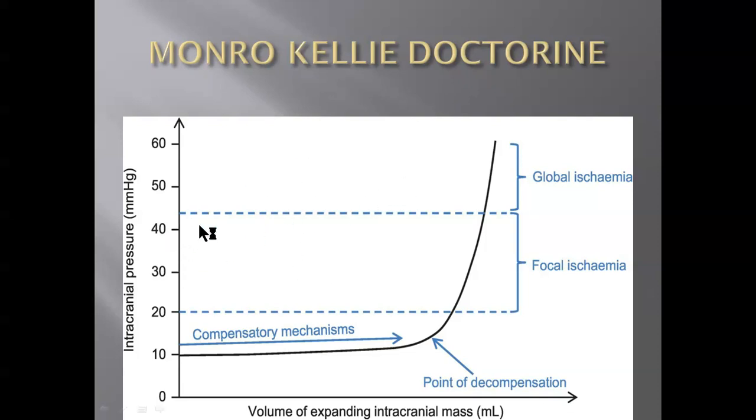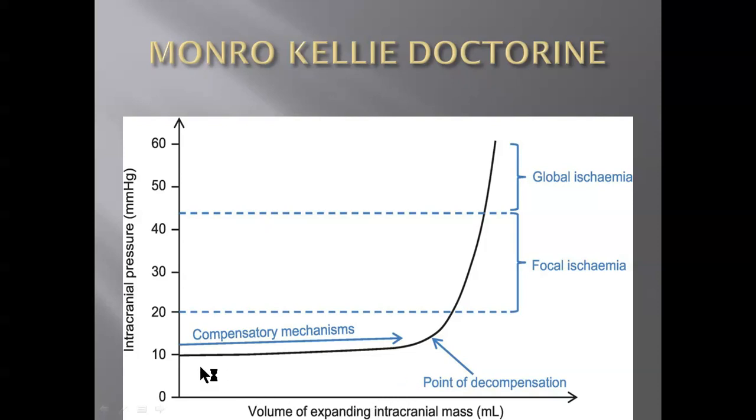Here we can see that ICP, intracranial pressure, won't increase beyond a certain limit. On the y-axis we have the ICP, and on the x-axis the volume. It can be a volume of your blood, of your brain parenchyma itself, or of your CSF.